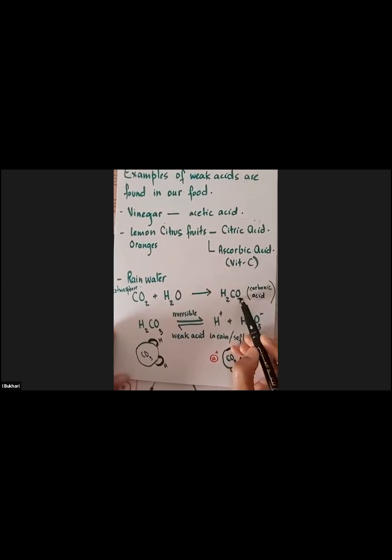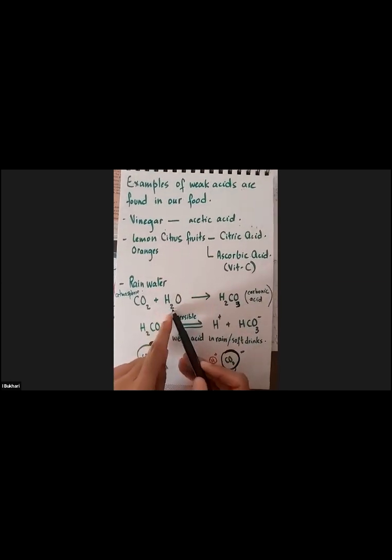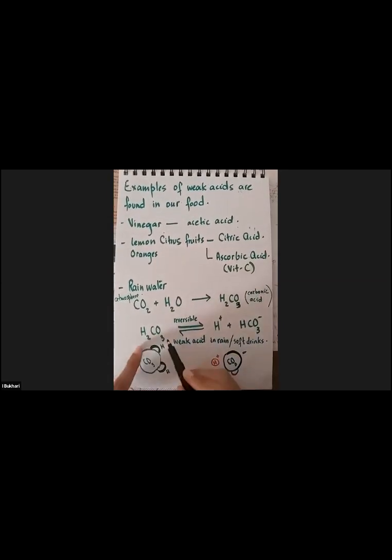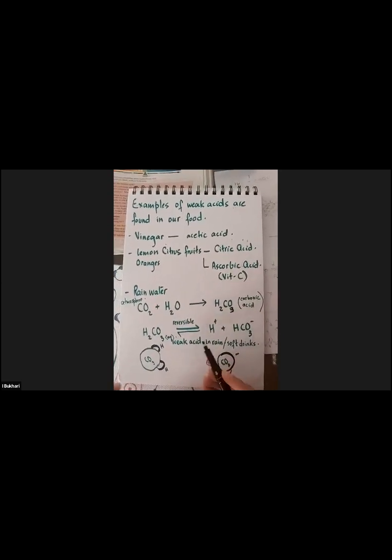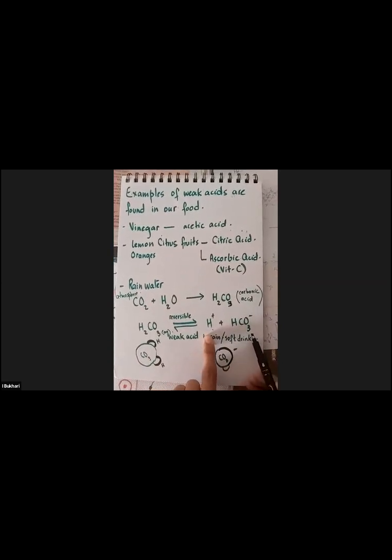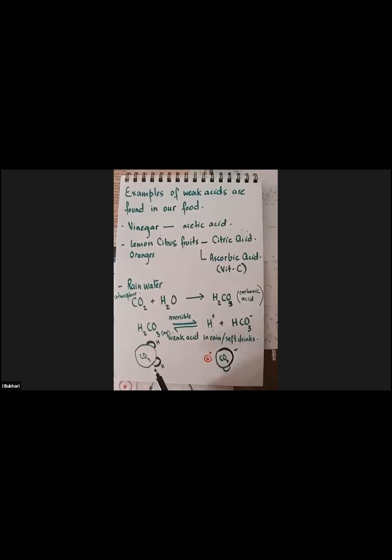It has the formula H2CO3. This carbonic acid will dissolve in the rainwater to give hydrogen ions and bicarbonate ions. Just a rough idea of what is happening.